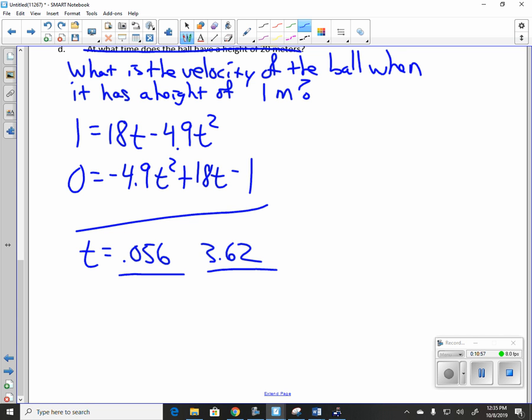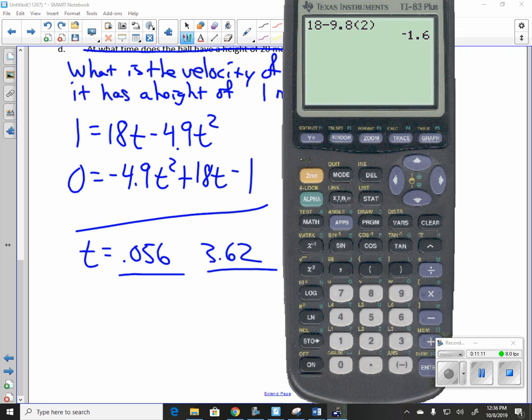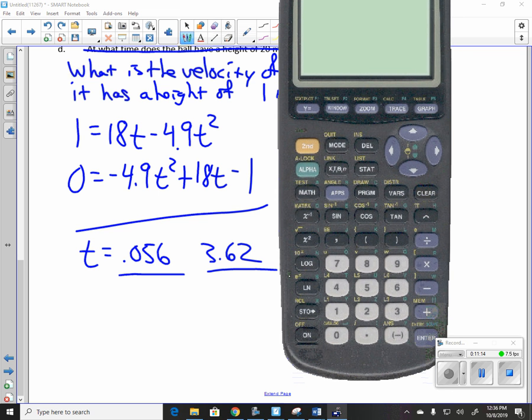Does it make sense that the ball would have a height of 1 twice, on its way up and on its way down, correct? So the question is, though, what is the velocity? How would I determine the velocity? Plug those back in to the velocity function. So I have 18 minus 9.8 times 0.056.